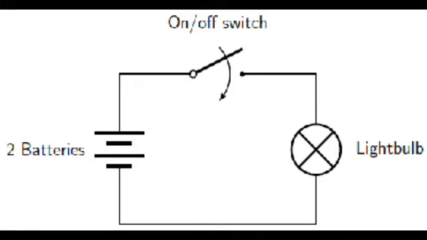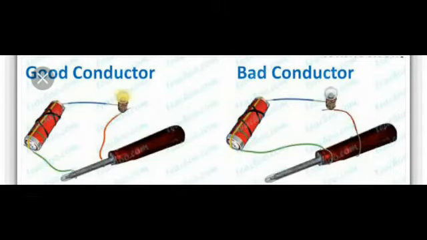Now, recalling all this, I want to tell you about the circuit. You are very clear how the current passes from one place. Then I told you about good conductors and bad conductors of electricity.